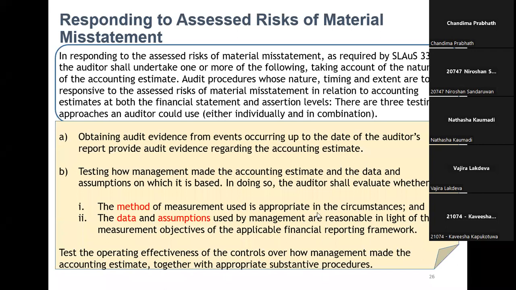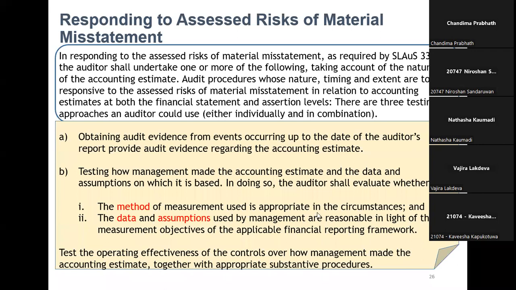In understanding, we assess the design effectiveness of the control. There are two things when it comes to internal control: design effectiveness and operating effectiveness. Under planning, we do the understanding part, where we evaluate the internal controls and assess the design effectiveness.